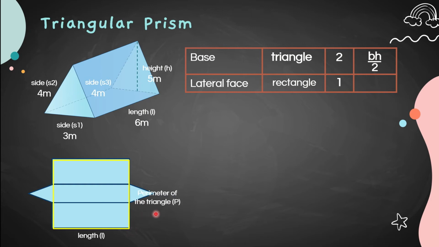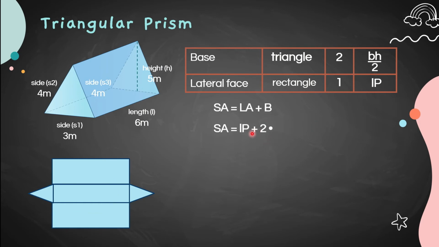So again, to find the surface area, we have the areas of the lateral faces and the area of the bases. So let's have the areas of the lateral faces. We are going to multiply the length by the perimeter of the triangle. So L times P plus the area of the bases.